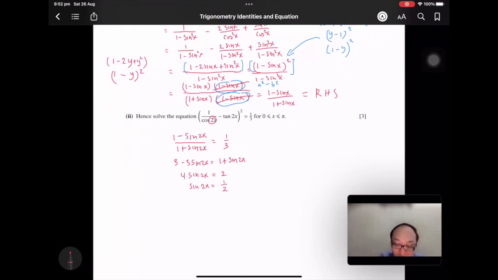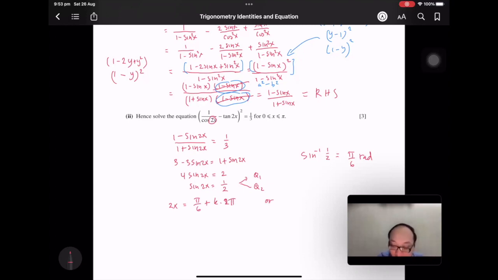Now to solve this, sine 2x equals positive half. That means the answer should be in quadrant 1 and quadrant 2. So that means 2x will be equal to sine inverse of half, which is 30 degrees or pi over 6 radians. So in the first quadrant, it will be pi over 6 plus k times 2 pi.